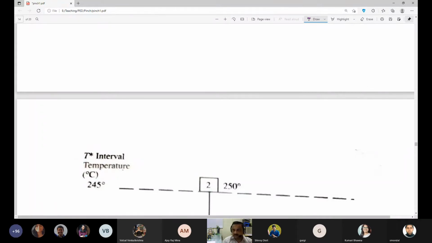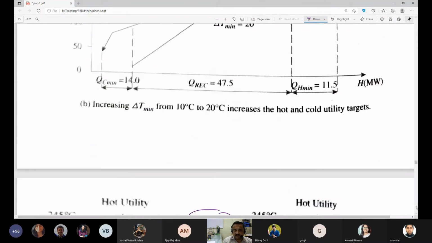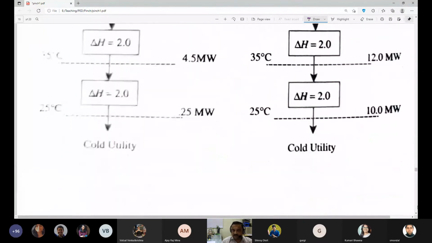So this is the problem table cascade you have to construct if you do not want to construct a composite curve. But your assignment would be to do both. That means you do the composite curve, and subsequently you do this problem table cascade, and then match the values. You see that you'll get the same values. So that is the purpose.